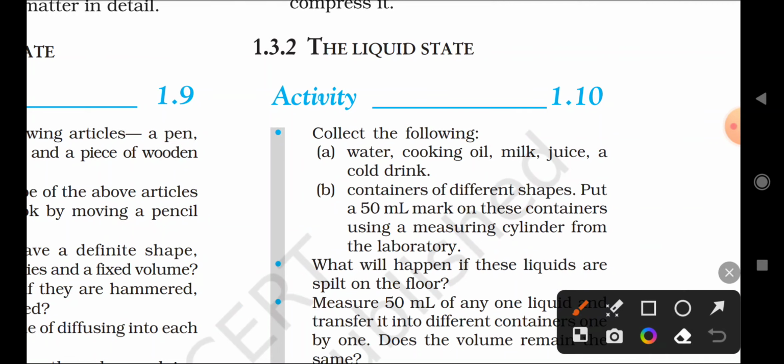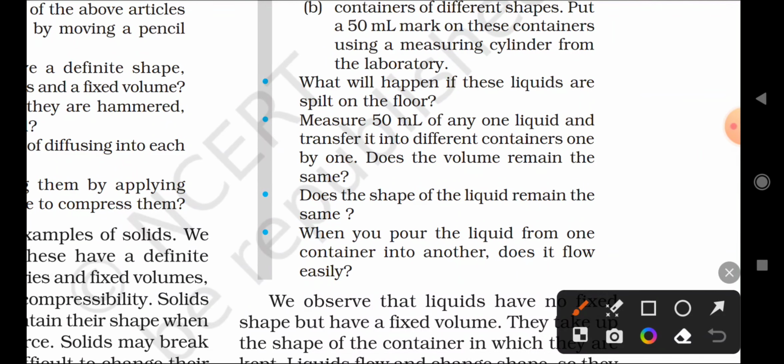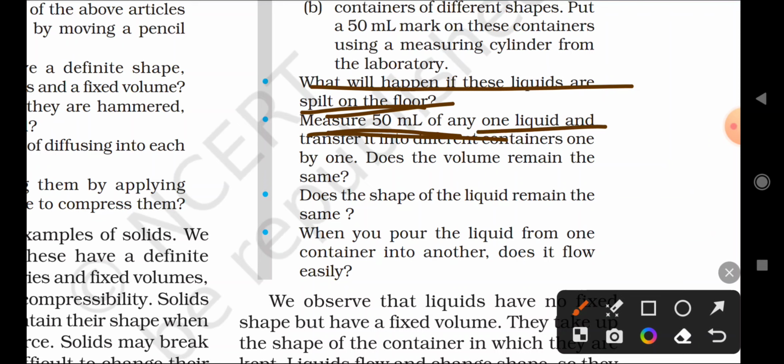Next, what will happen if these liquids are spilled on the floor? What happens when these liquids are spilled on the floor? You have to observe whether they flow or not. Measure 50 ml of any one liquid and transfer it into the different containers one by one.